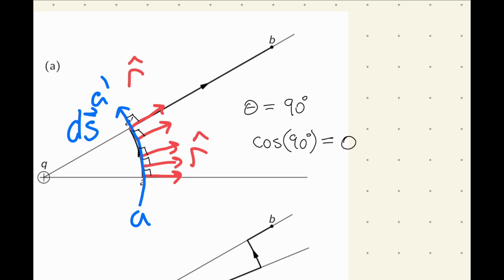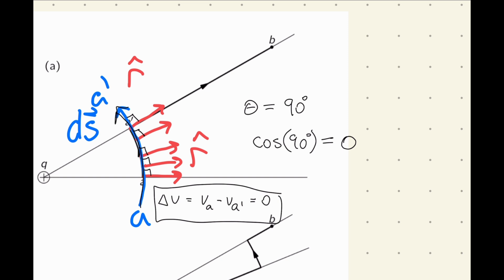So technically what this is saying is the potential difference from point A to point A prime is equal to 0. There is no potential change along this pathway. It's almost like saying there's no work done moving the particle from here to here.